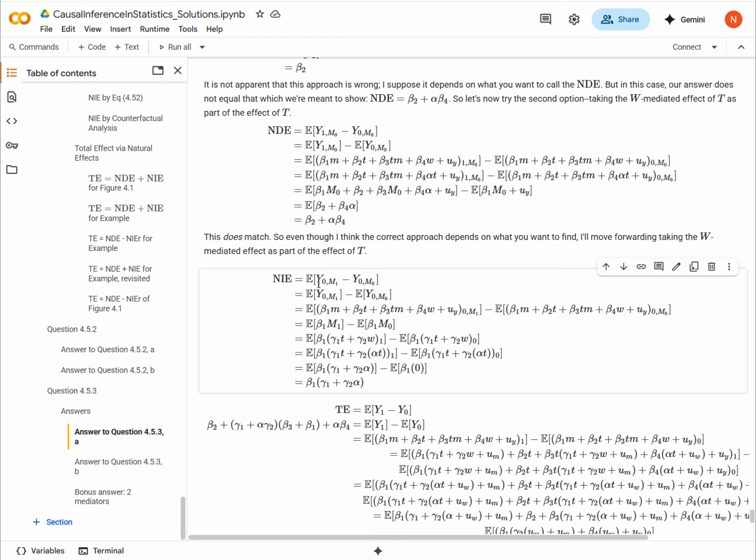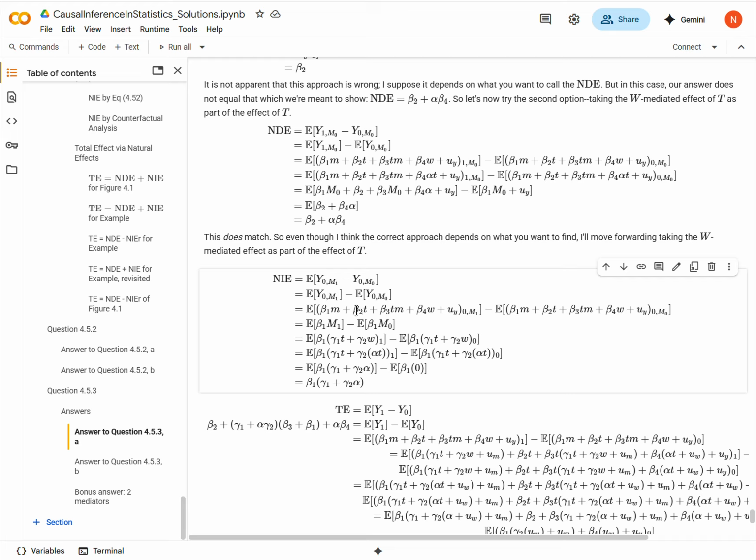And the NIE is the natural indirect effect, and this is the effect on the outcome when we hold the treatment at its null value and then allow the mediator to vary from the value it would obtain when treatment was 1 and treatment was 0.